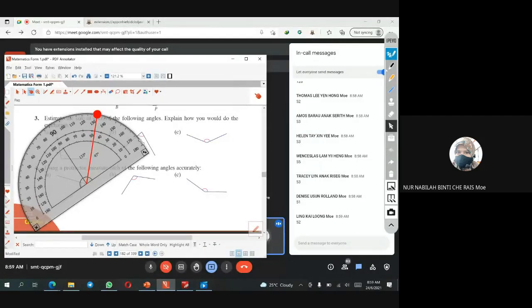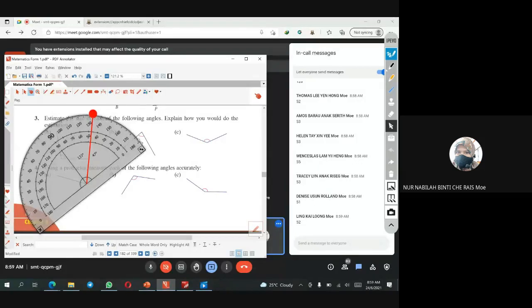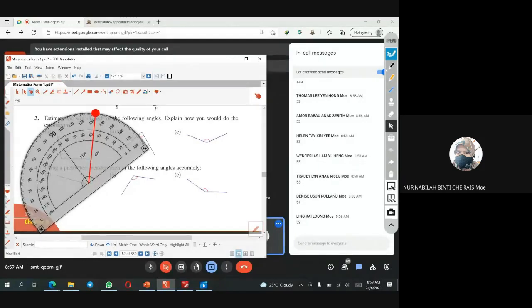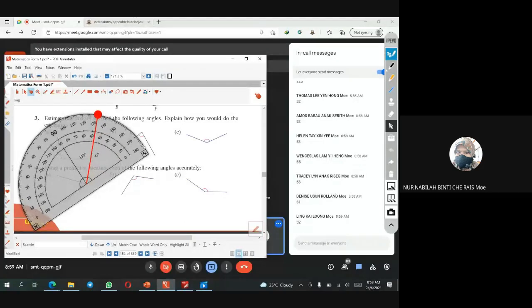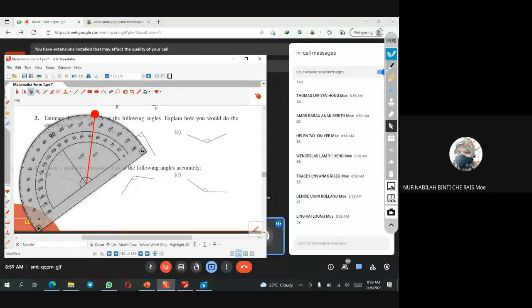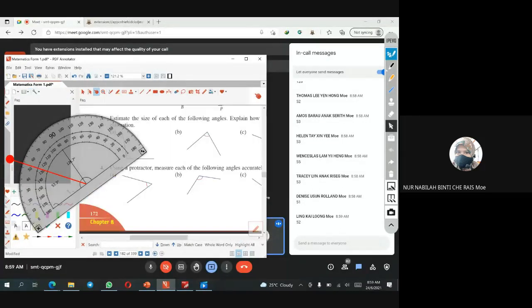Then arrange this one. Okay, so your second line is here. Second line is here. Not really accurate. Wait, oops.